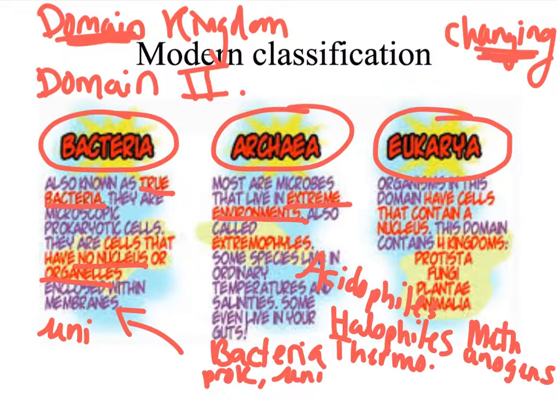So all these different kinds of bacteria that live in these extreme environments. And then lastly, we have our domain called domain eukarya. And this is where we put all of our eukaryotic organisms, all of our organisms that have a nucleus. And so of the 5 kingdoms we're going to talk about, 4 of the kingdoms will fit under this domain.